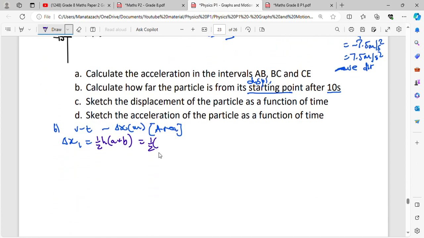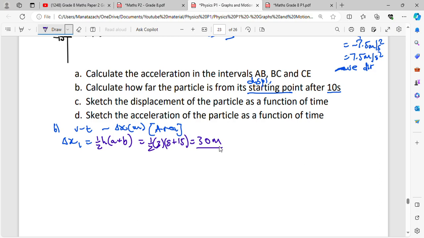So here we have half times 3 times A, then our B is 15. To simplify this, you'll use the calculator. You'll get 30 meters.